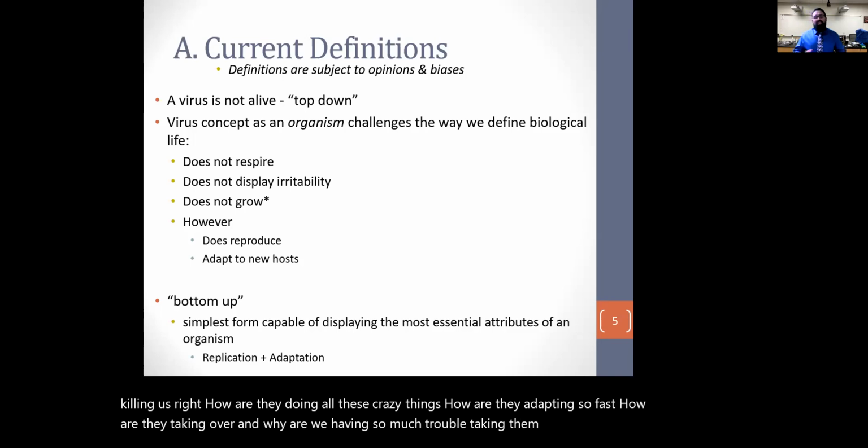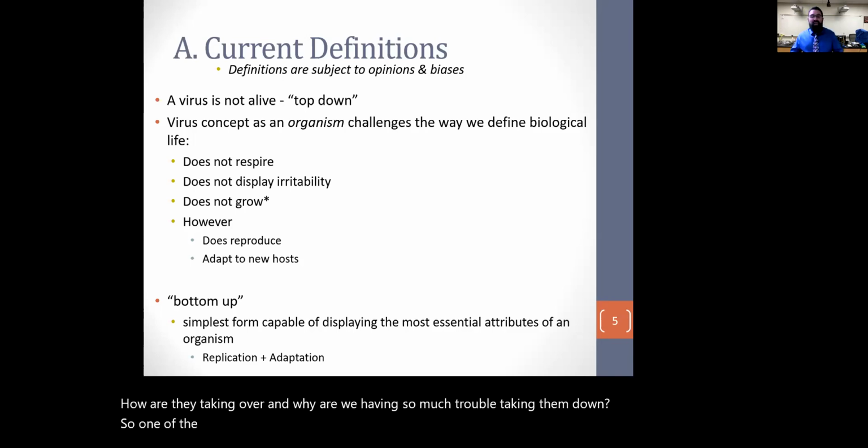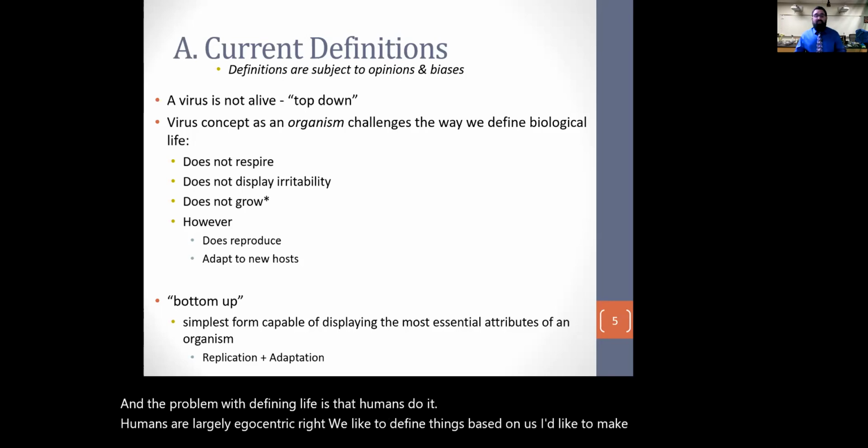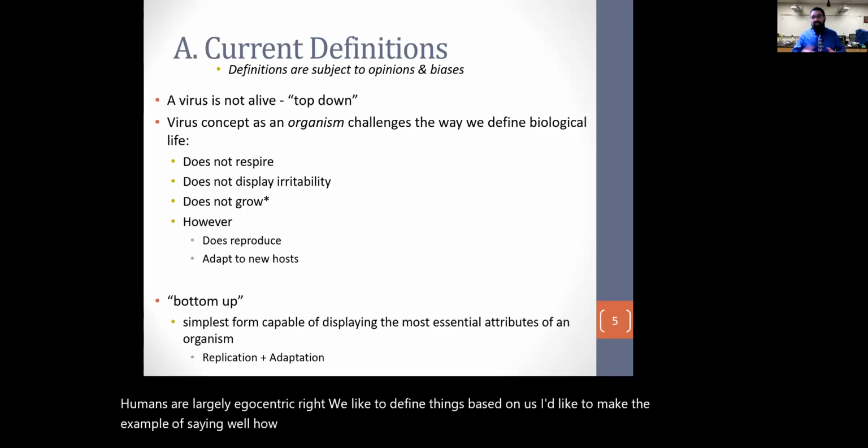So the reason why we have this issue of are they alive or not has to do with specifically how we define life. And the problem with defining life is that humans do it. Humans are largely egocentric, right? We like to define things based on us. I like to make the example of saying, well, how do we define a cat or a dog or something like that?